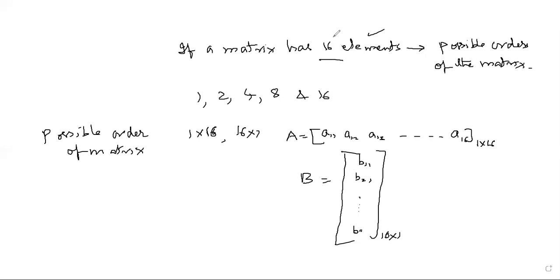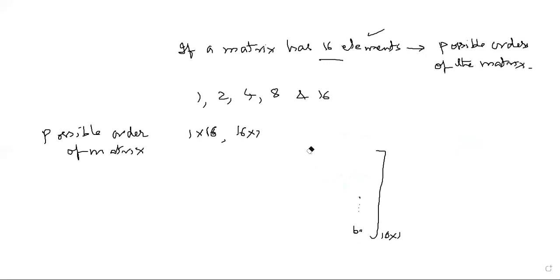Just now we have to find how many possible orders there are. So we have to check the possible factors: 16 by 1, 1 by 16. Similarly, 2 8s are 16, 2 by 8, 8 by 2.